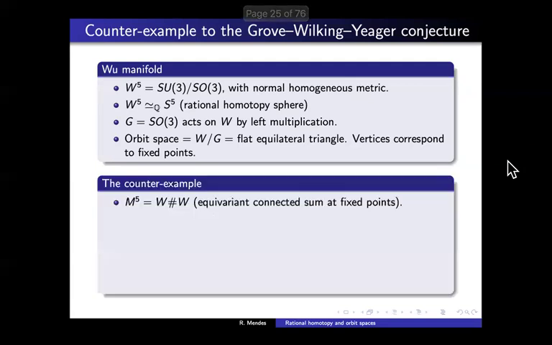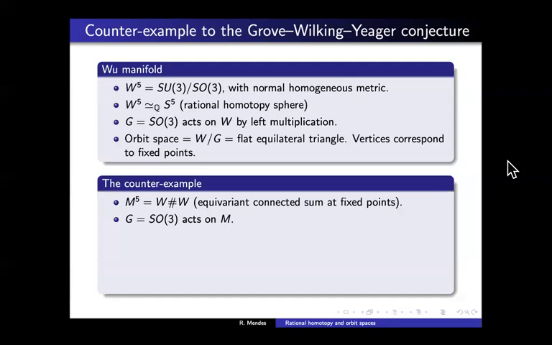The construction itself of the counterexample is you take two copies of the Wu manifold and you make a connected sum. Now you have to make the connected sum at fixed points. Then since the isotropy representations are the same, they're isomorphic, you can do this connected sum equivariantly in the sense that the group SO3 still acts on this manifold.